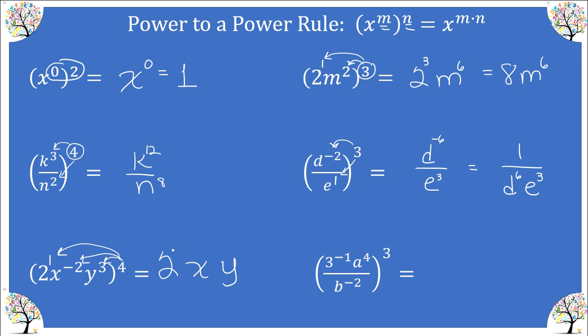So we get 4 times 1 is 4, x times -2 is -8, and 3 times 4 is 12. So there's two things we need to do. We need to evaluate 2 to the 4th, and we need to move x to the -8 to the denominator. So 2 to the 4th, 2 times 2 times 2 times 2 is 16, y to the 12th, and let's move x to the -8 to the denominator, making it positive.